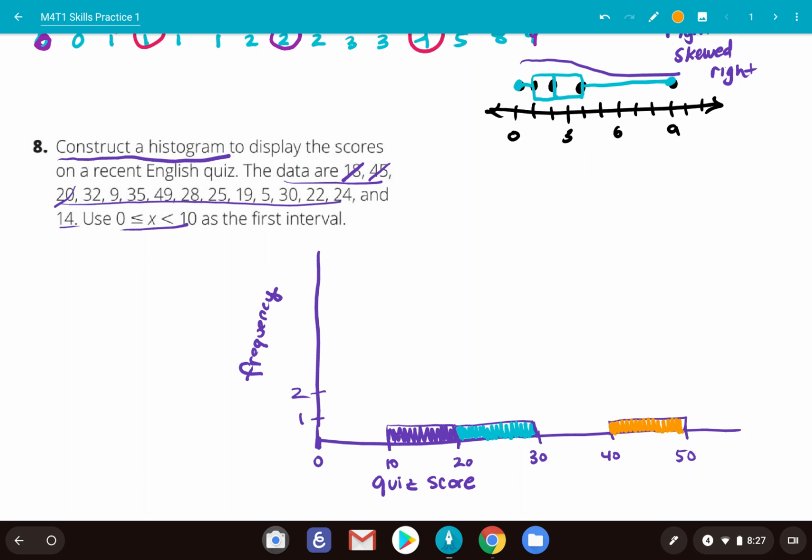Okay. So then we have 32. That's going to be 30 up to but not including 40, so it would go in this bin. We have 9. That's going to go in our very first bin from 0 up to but not including 10.